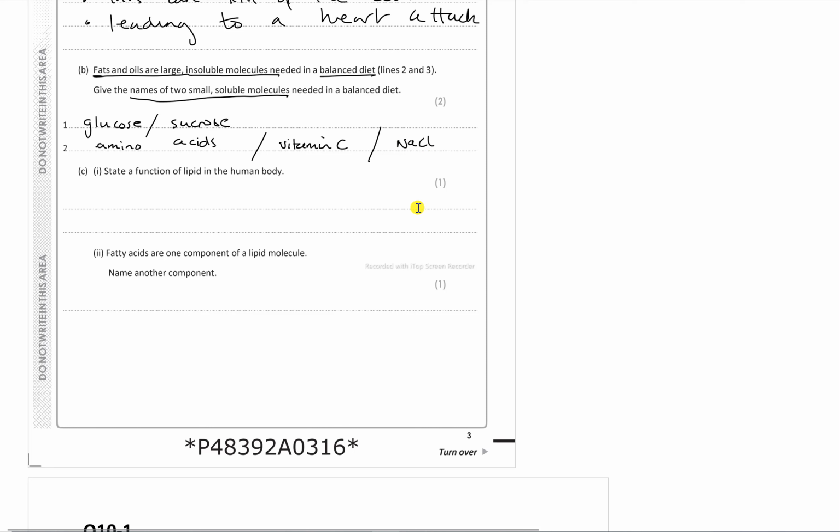Right, state the function of lipid in the human body. So you can say it is a store of energy. So when your body hasn't got a long-term supply of energy, it can live off the fat reserves.